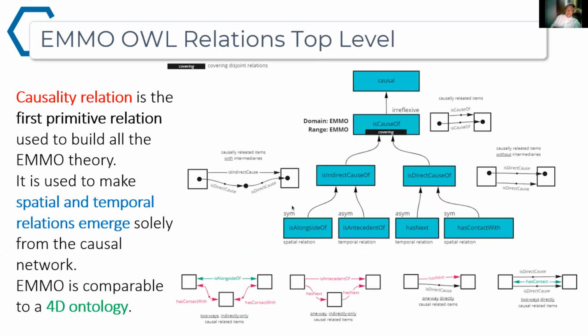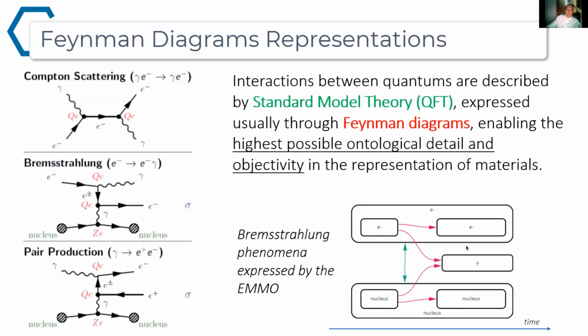And then we have the relation that connect the quantum entity, but also the macro entity, so aggregates of quantum, using causality between macro entities. So introducing the concept of next, introducing a temporal interpretation of causality, or using spatial relations that are an expression of contact and spatial-like interaction.